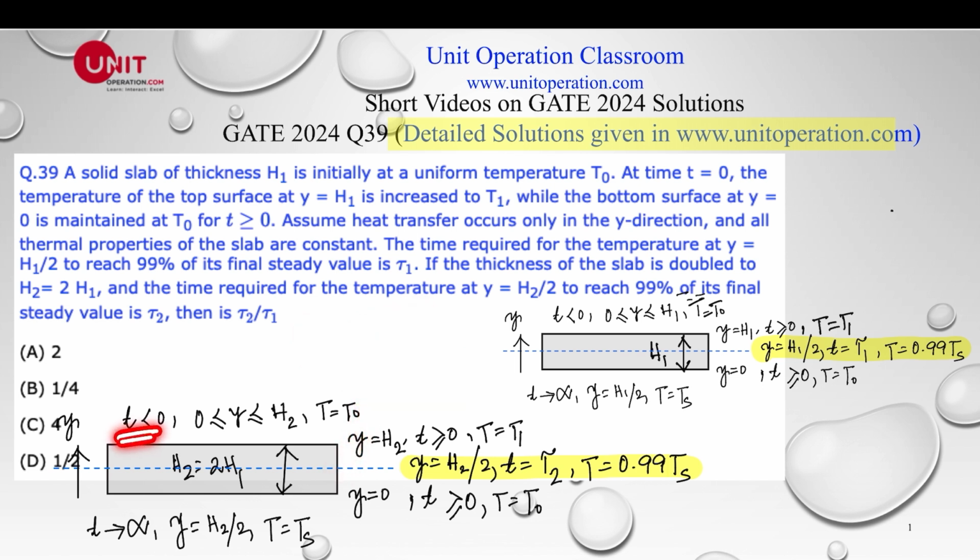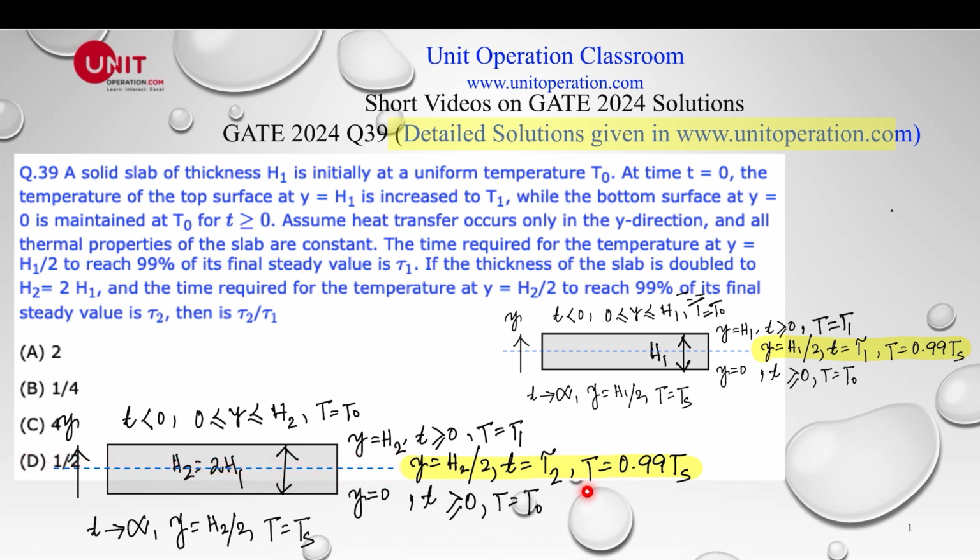That means initially, at t less than 0, all over the body the temperature was equal to T0. At time t greater than or equal to 0, right at the top surface, we have increased the temperature to T1, while the bottom temperature remains constant at y equal to 0. This is the condition. Now, this is my center line here, the middle of the slab.